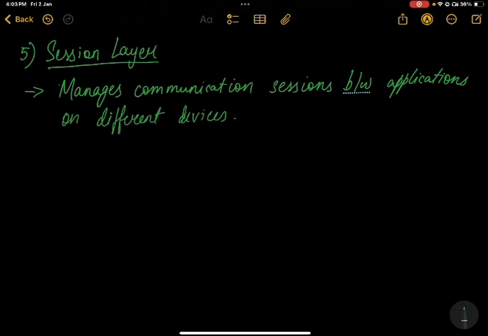It establishes a session, keeps it active during the data transfer, and properly terminates it afterward. If a communication is interrupted, the session layer may allow it to resume from the last checkpoint instead of starting again.